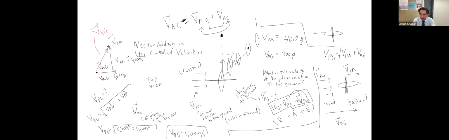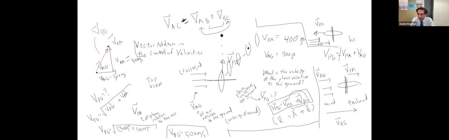The speed of the plane relative to the air is the same, let's say 400, but it's heading west. And there's a wind blowing in the anti-parallel direction, to the right, eastward. So this would be a headwind, if you'd like.